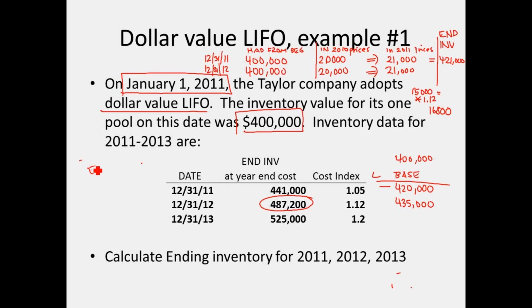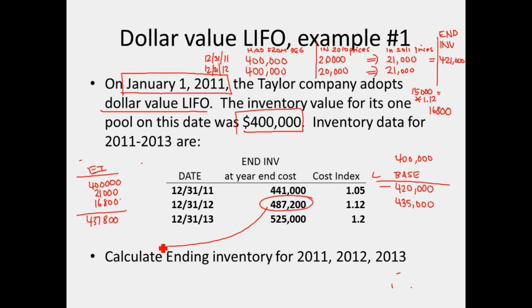Okay? So what is my ending inventory? It's 400 plus 21 plus 16.8. Okay? 437,800. So it's not 487.2. It's not 435, it's something else entirely, because it's reflecting old stuff.